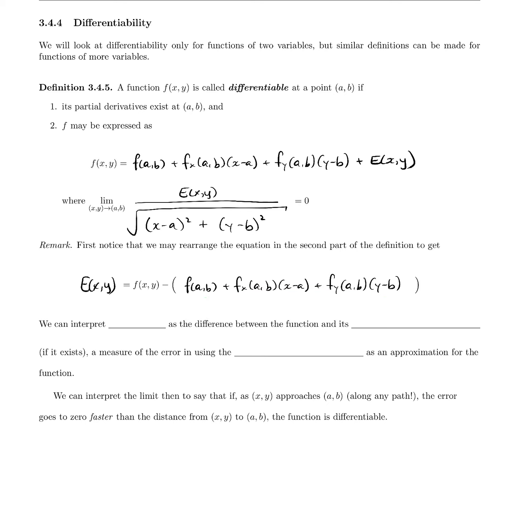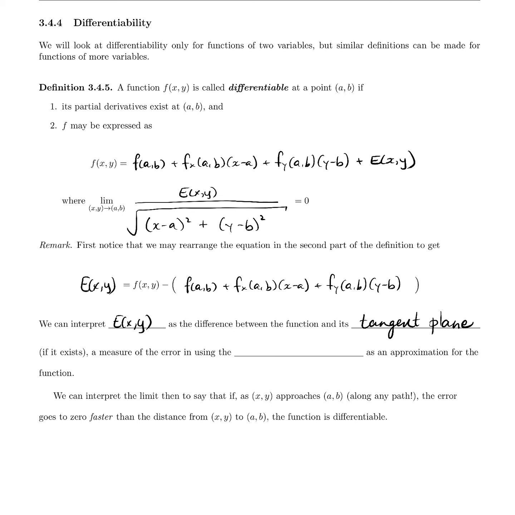If we look at that difference, we can interpret e of x, y as the difference between the function, and we've seen this before. That's exactly the expression that is the tangent plane. So it's the difference between the function value and the tangent plane value if the tangent plane exists.